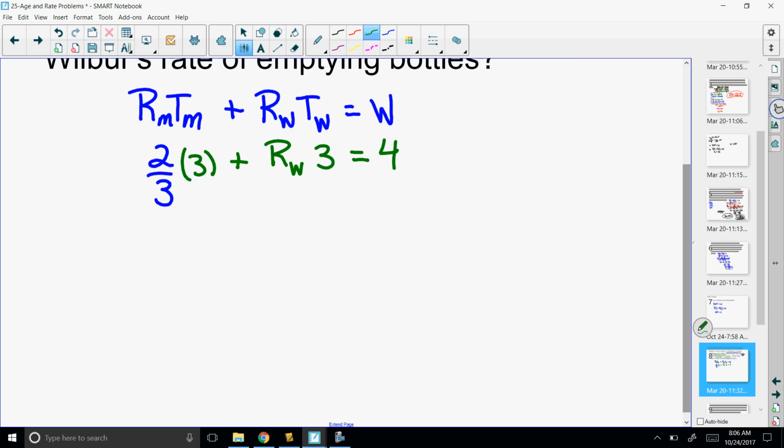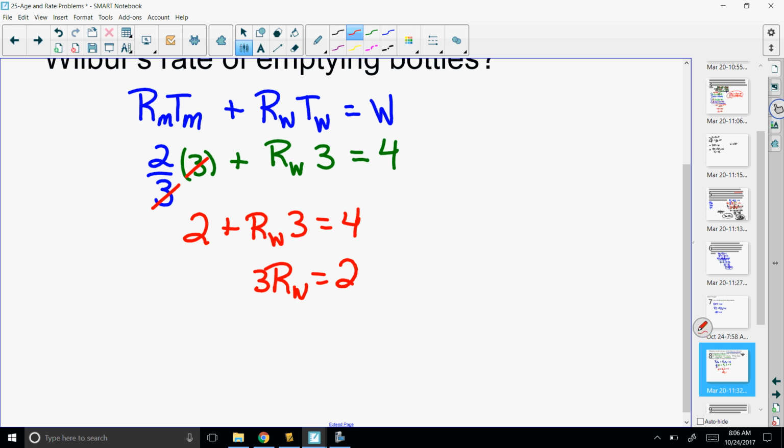Okay, so you solve. Of course, if you multiply, you're just going to get 2 plus the rate of Wilbur times 3 is equal to 4. Subtract 2 from both sides, and what's Wilbur's rate? 2/3.